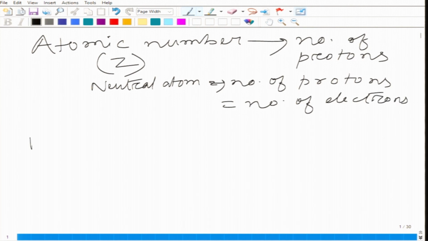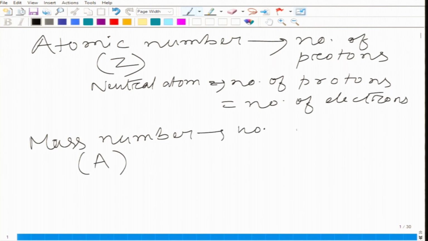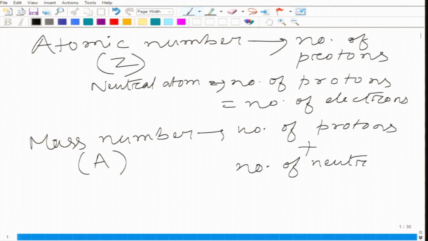And what was mass number? Mass number is denoted by A. Mass number is the sum of the number of protons and the number of neutrons. So, for example, this is nitrogen with atomic number 7 and mass number 14.